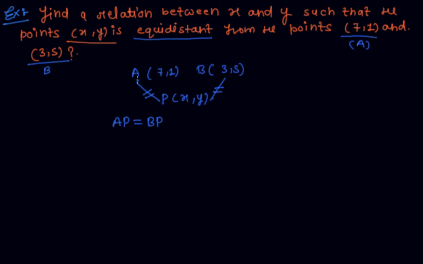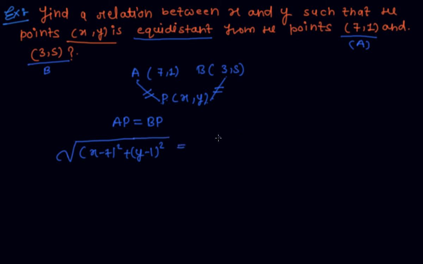AP is the distance between A and P, and BP is the distance between B and P. So first find AP, under root x minus 7 whole square plus y minus 1 whole square.